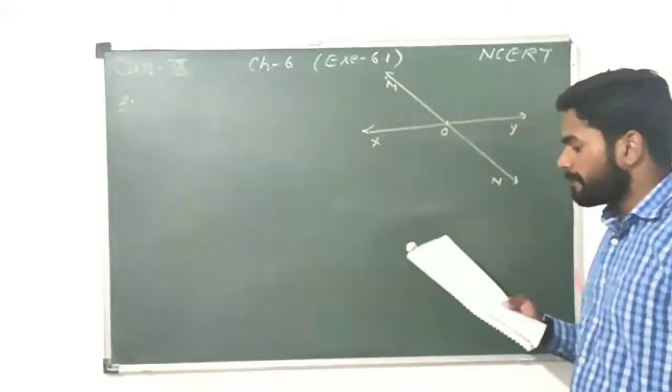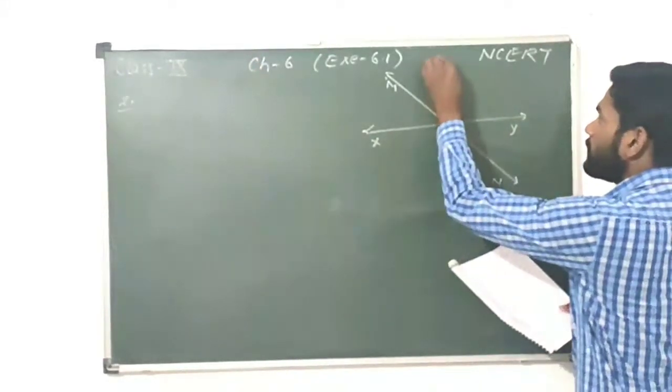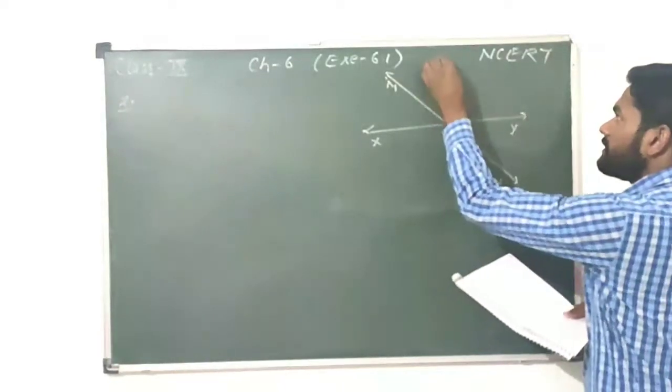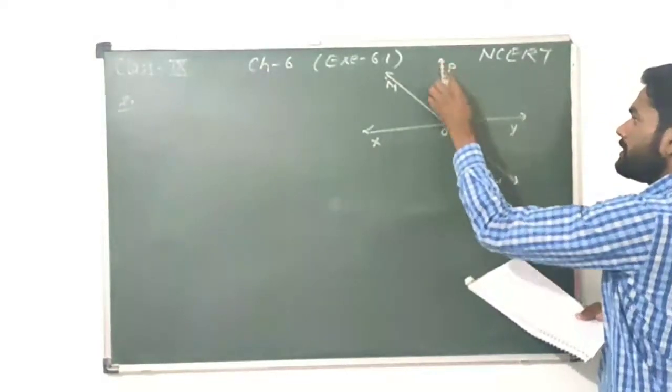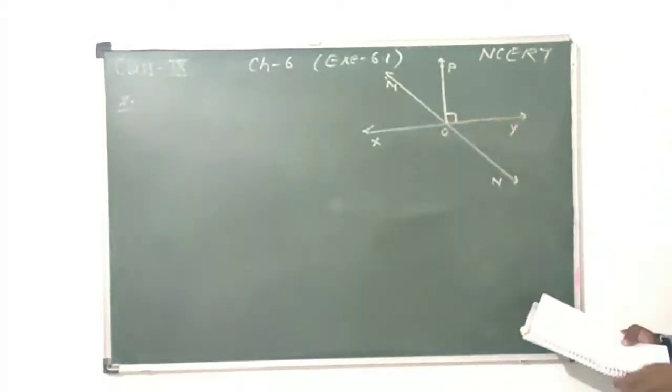If angle POY, one more line is here in this manner, and this is P. POY is equal to 90 degrees.